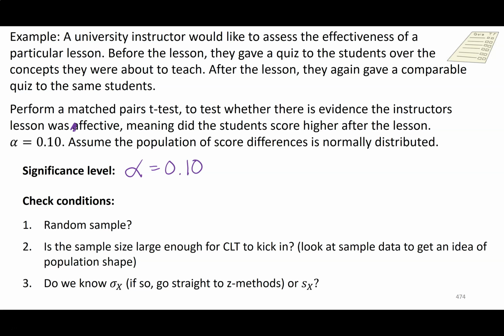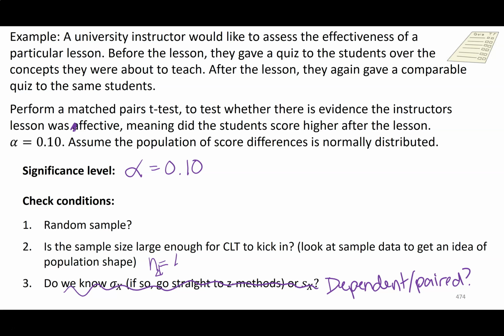So we're going to check our conditions again. I'm going to fix this right off the bat. Are these dependent paired? Yes. Right? So the first before score goes with the first after score. That's the same student's scores. Is my sample size large enough?